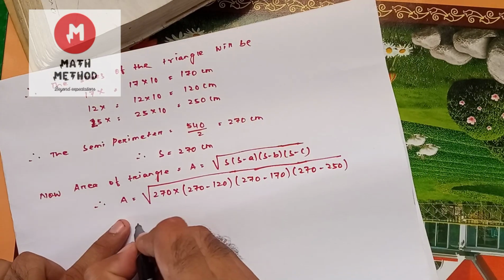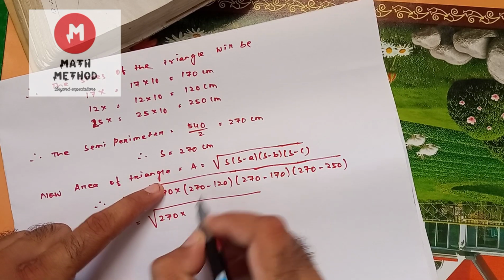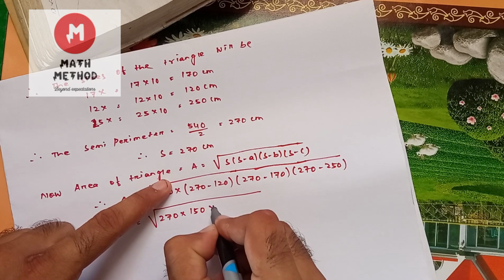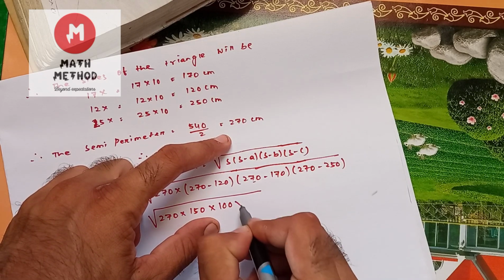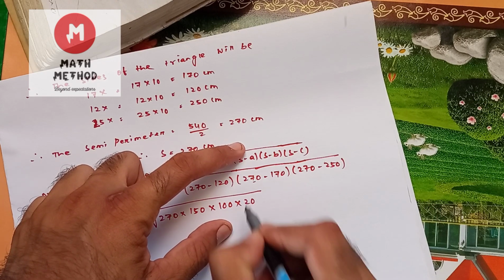Clear? Is equal to root over 270 into 270 minus 120 is equal to 150 into 270 minus 170 is equal to 100 into 270 minus 250 is equal to 20.